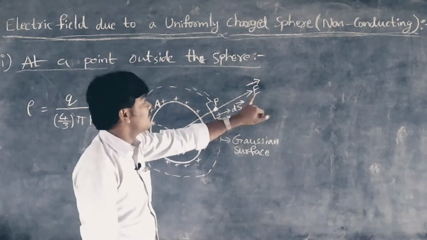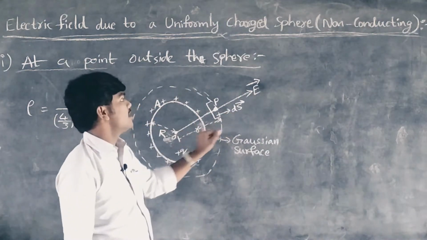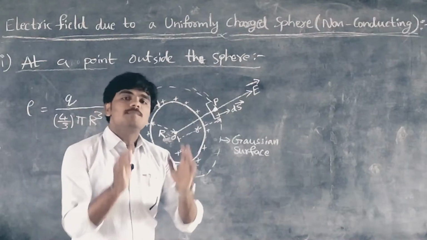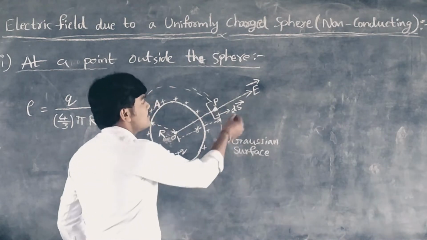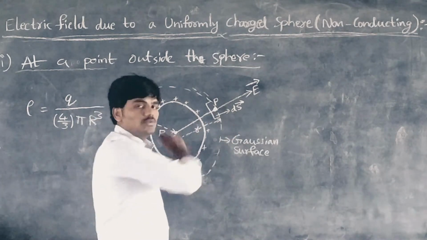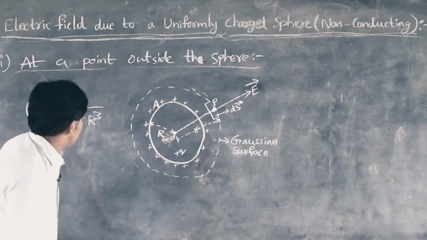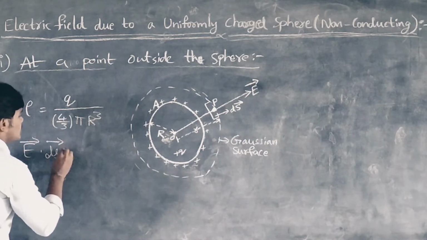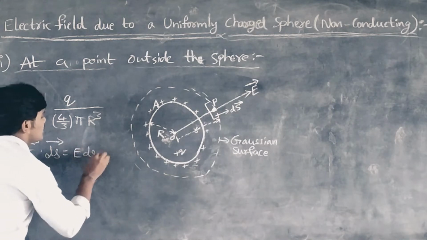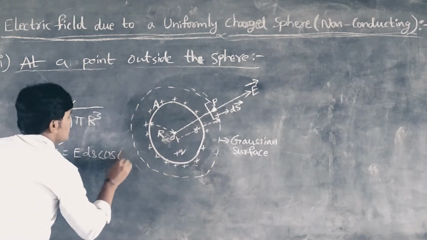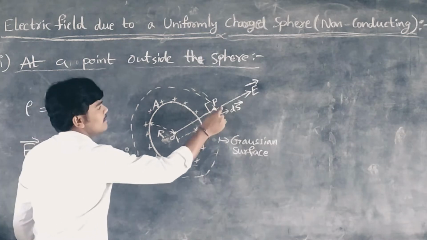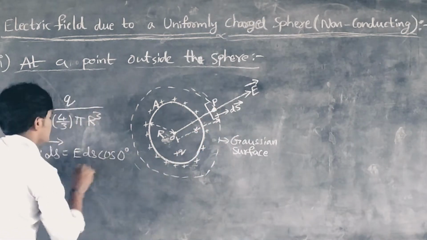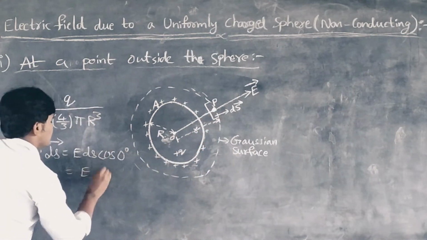Thus, the electric field E is directed along the outward normal. For a small Gaussian surface element, dS bar is also radially outward. So E bar dot dS bar is equal to E dS cos 0 degrees, because the angle between these two is 0, we get E dS.